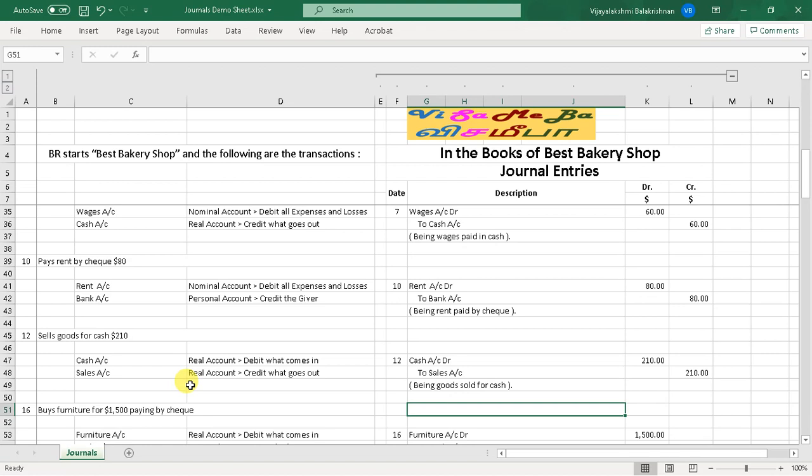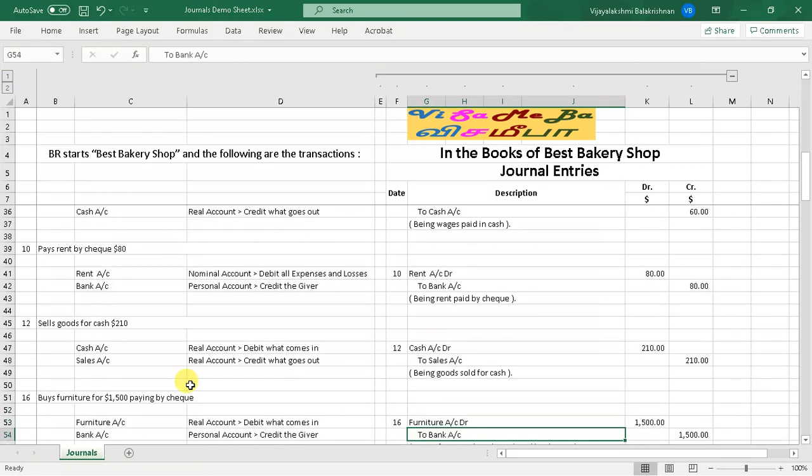The next one is buys furniture for $1,500, paying by check. Now remember, furniture is not for resale, so it cannot come under the category goods or purchases. So furniture is an asset, so it has to be named as furniture account, because we have to keep track of individual assets and their values and their wear and tear, and when they're scrapped, we have to write them off.